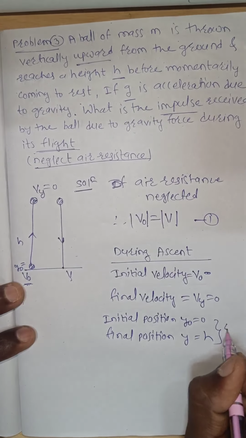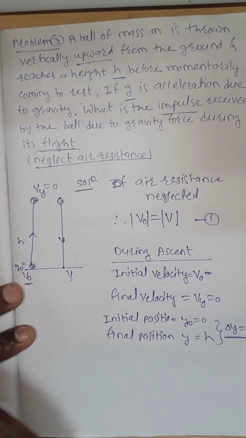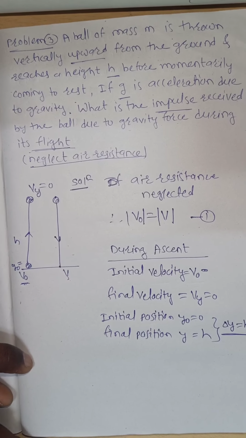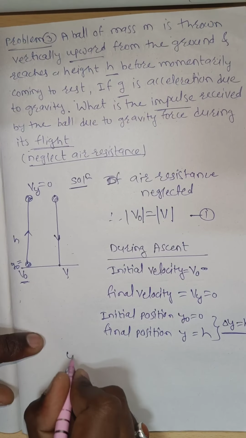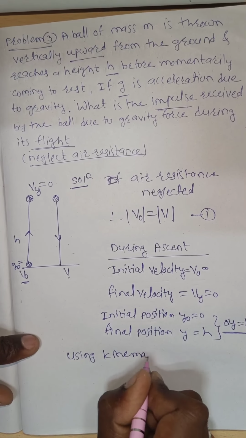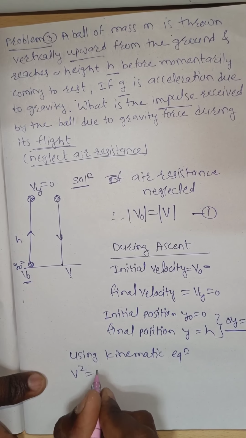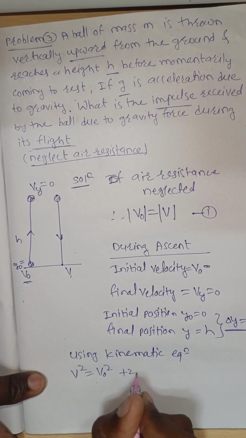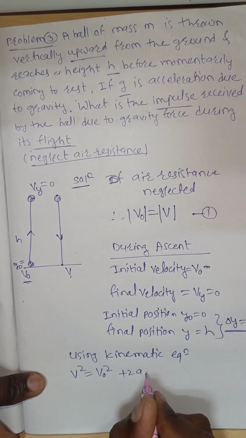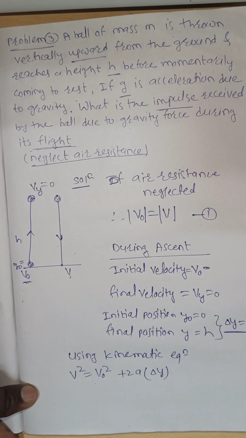The change in the y component is h, meaning along the y axis the change is h. Therefore using the kinematic equation, v square is equal to v0 square plus 2a into (x minus x0), and here we say y minus y0, that is delta y.